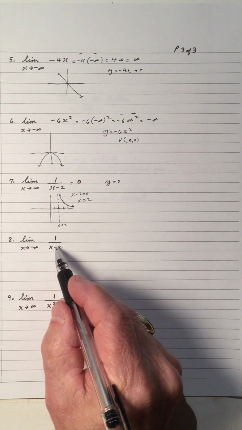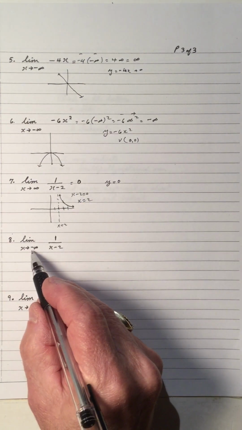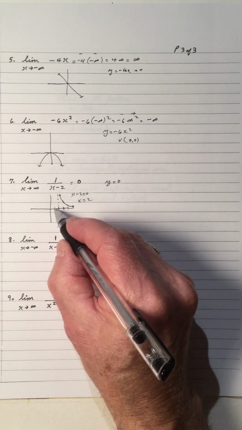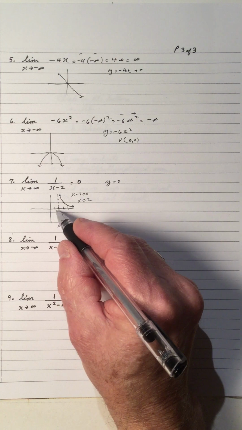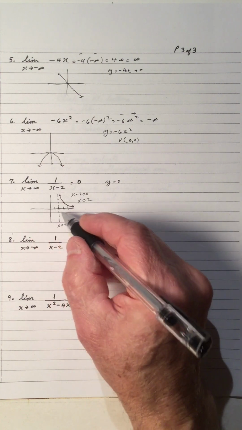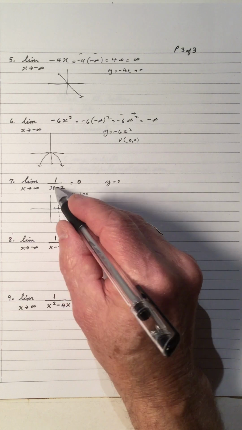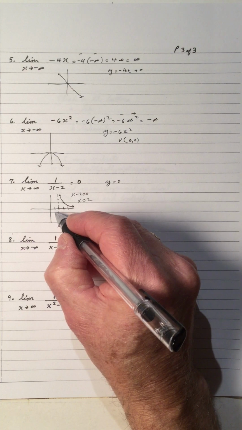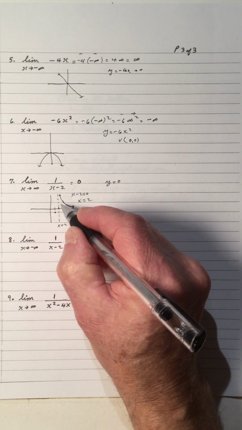And we have the same fraction again, but it's going to negative infinity this time. X goes to negative infinity, going this side. So if we take a negative 1 and substitute it in here, we get negative 1 minus 2, which is negative 3. Sorry, we take 1, so 1 over negative 1 is negative 1.